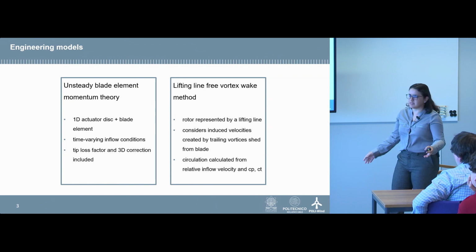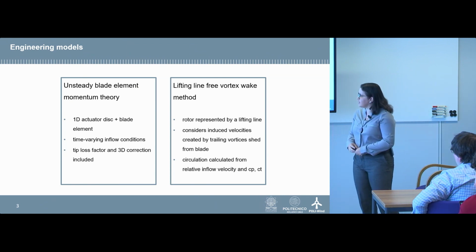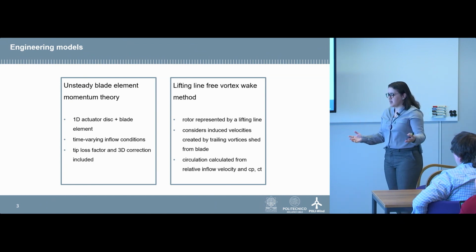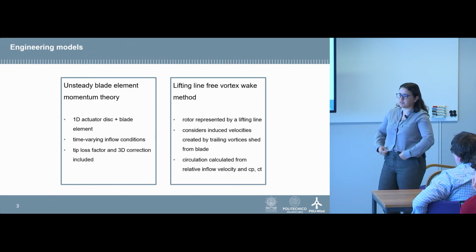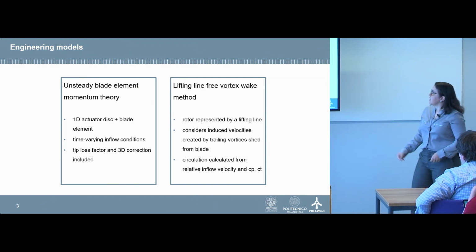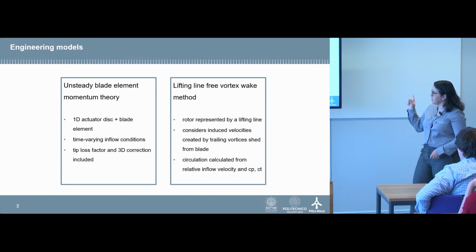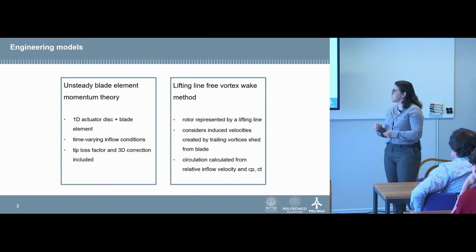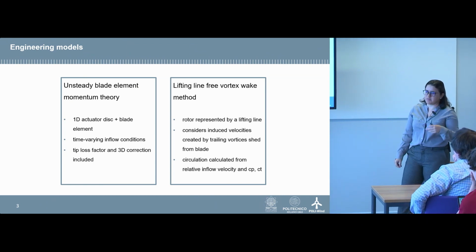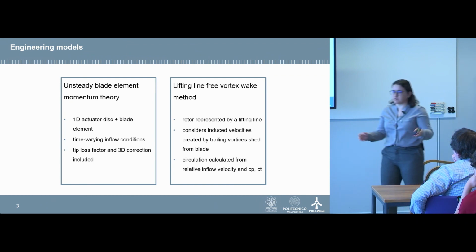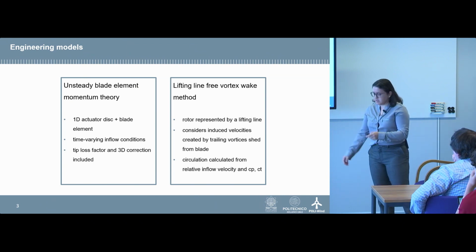It's a one-dimensional actuator disk blade element, varying with time, and we use correction factors to get results that are more faithful to reality. The other one is the lifting line free vortex wake method. We represent the rotor with a lifting line, consider the velocities created by the trailing vortices shed from the blade, and calculate the circulation relative to the inflow velocity using CP and CT curves.